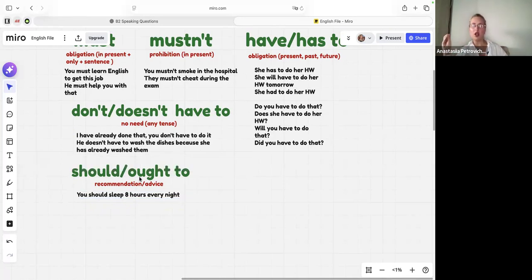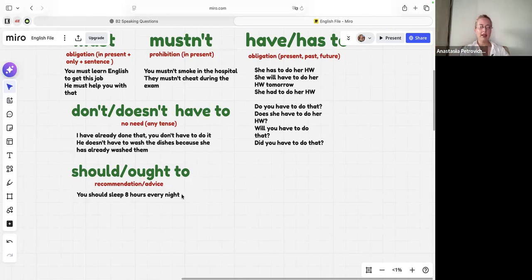And speaking about ought to, this is not so commonly used nowadays, so it is more of the old school, old style. So you can hardly ever hear that. However, if we speak about some tests like ZNO or some other tests like IELTS, TOEFL, and so on and so forth, it is possible for you to meet ought to there. That's why I want to give it to you as well, just for your general knowledge and understanding.